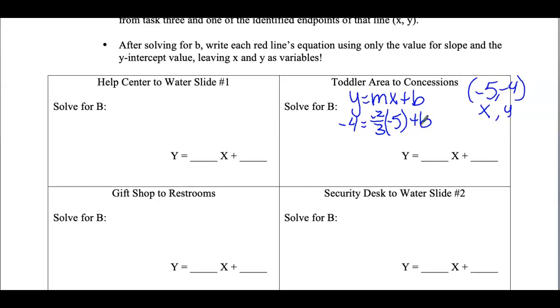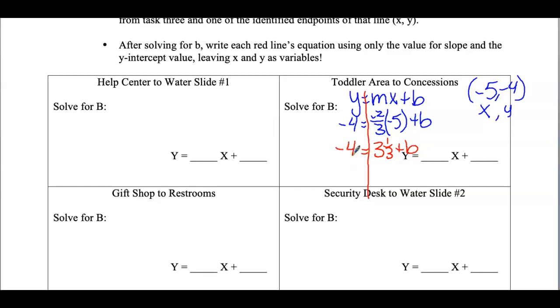First of all I have to simplify one side of the equation. I can type in my calculator negative 2/3 times negative 5, and I get 3 1/3 plus b is still equal to negative 4.